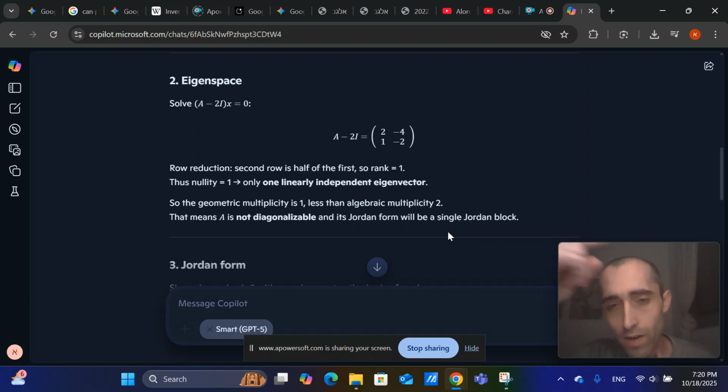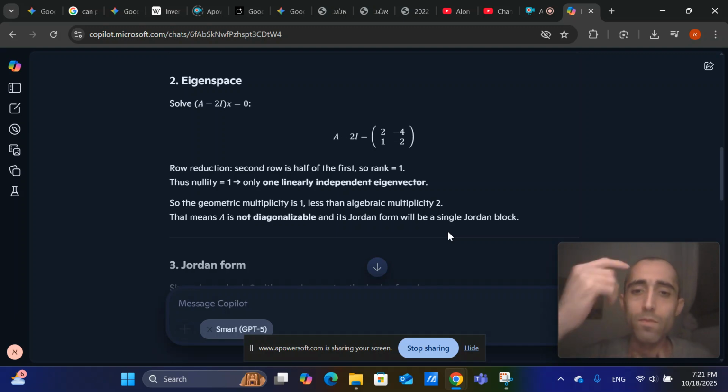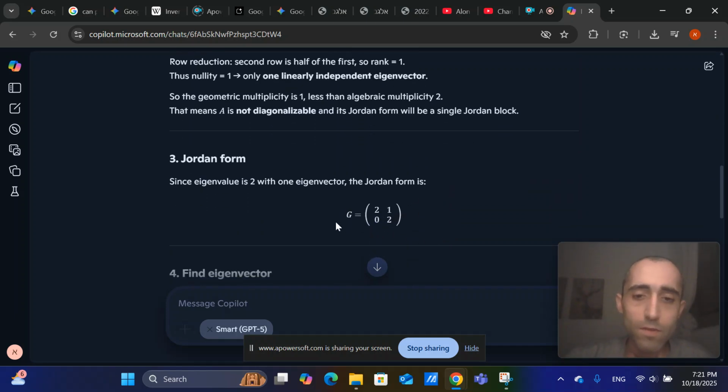Namely, I will only have one block from the eigenvalue 2. And this is my only eigenvalue. Therefore, the Jordan form will be built only from one block corresponding to the eigenvalue 2. So this is it: 2, 2, and above that 1. This is one block, of size 2, for the eigenvalue 2. This is the Jordan form of A.